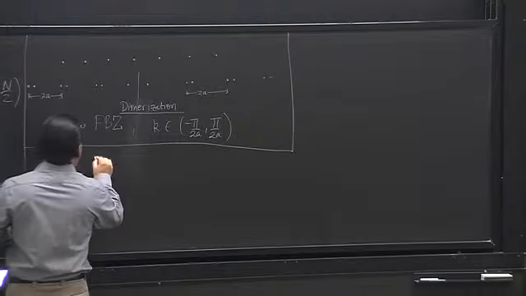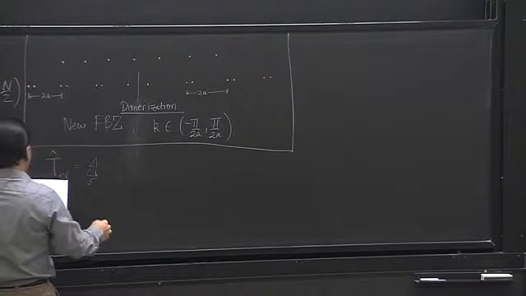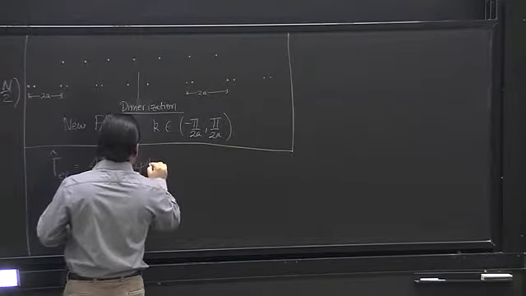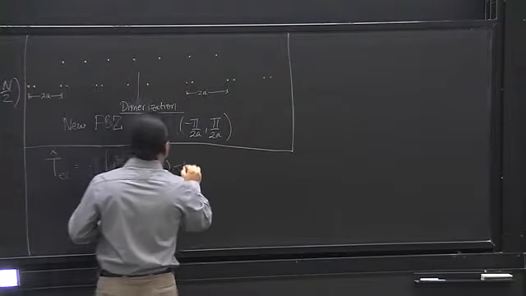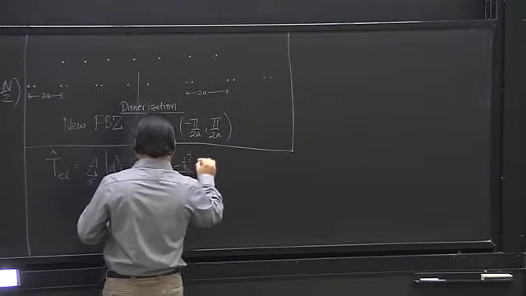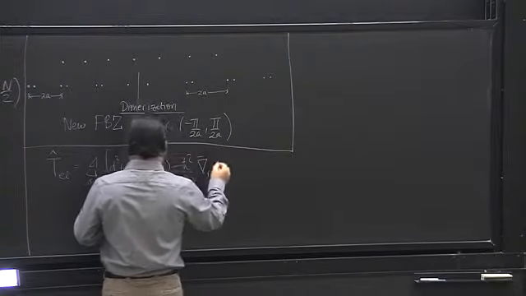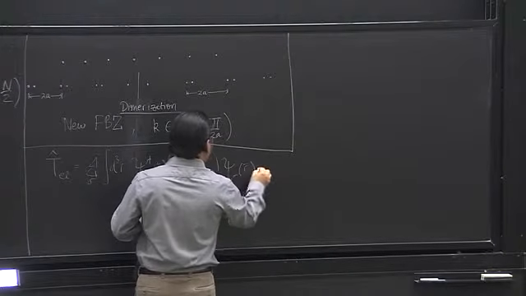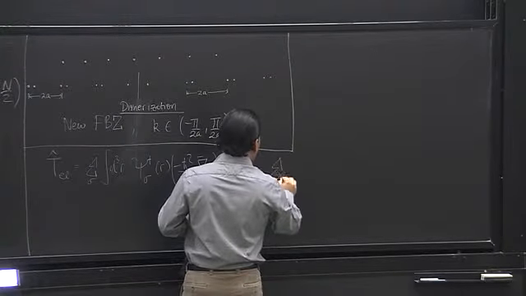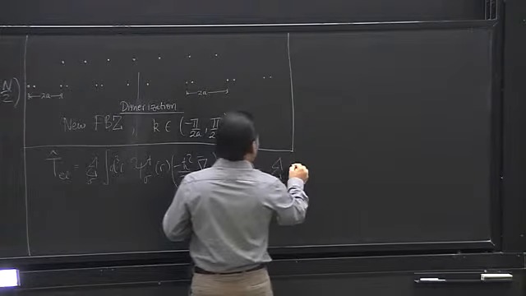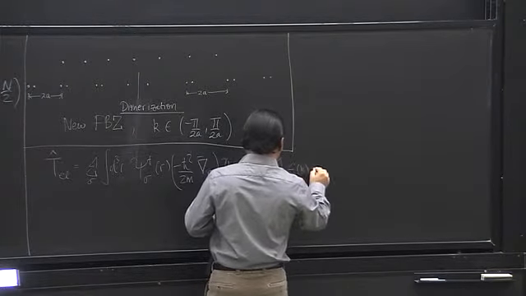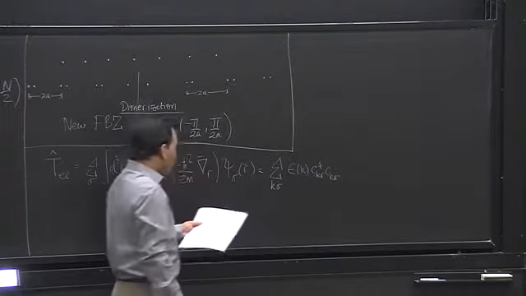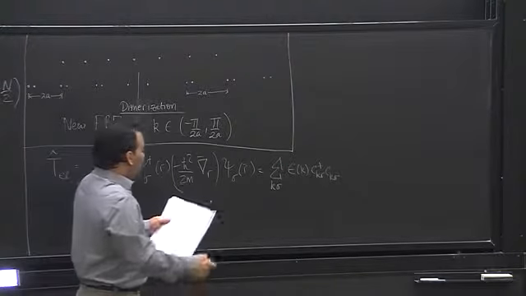So the kinetic energy of electrons is the sum over spin sigma of the integral d cube r. So this is a single particle operator. This can also be written as the sum over k of the dispersion epsilon k, c k sigma dagger, c k sigma.